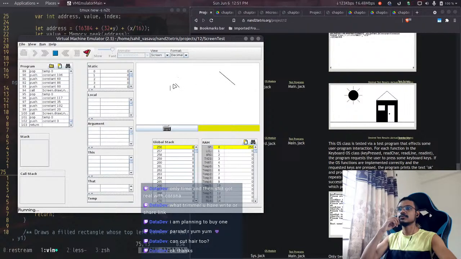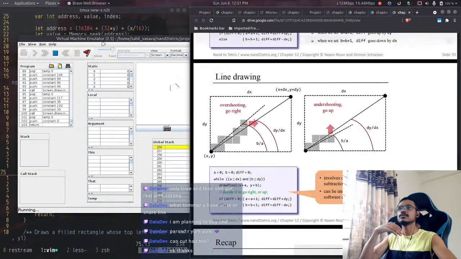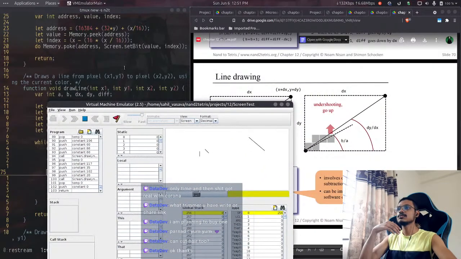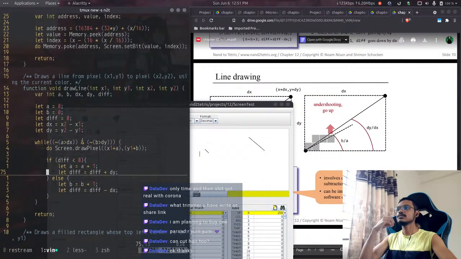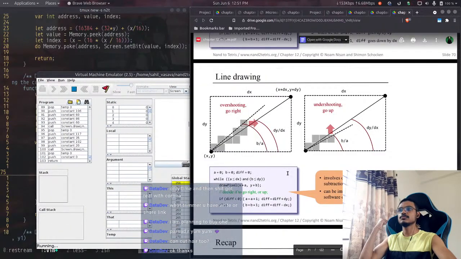But yeah, these two lines are from sun, and apparently we are only able to draw lines which go in the north, southeast direction, because this logic is not correct, I guess.